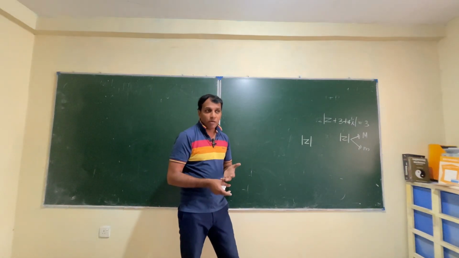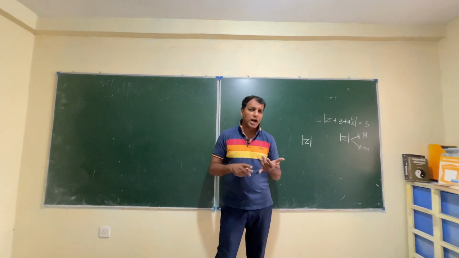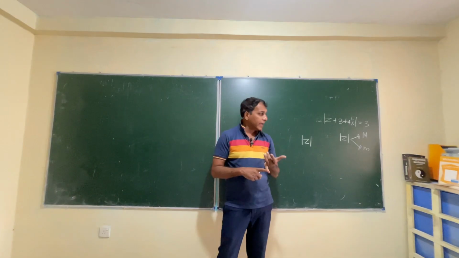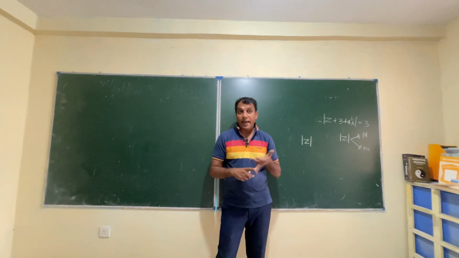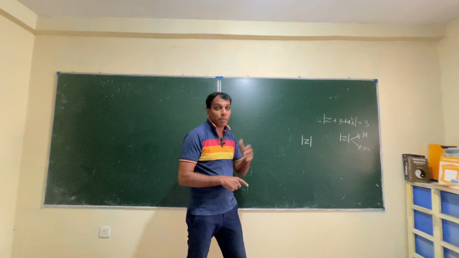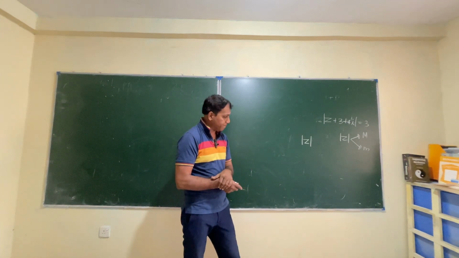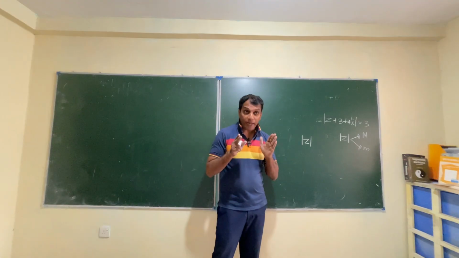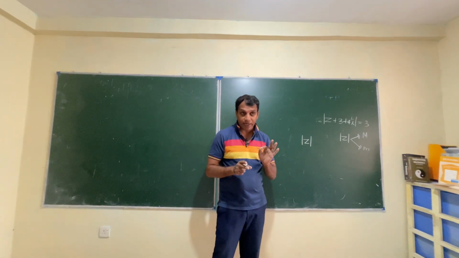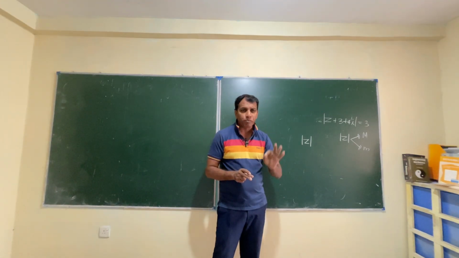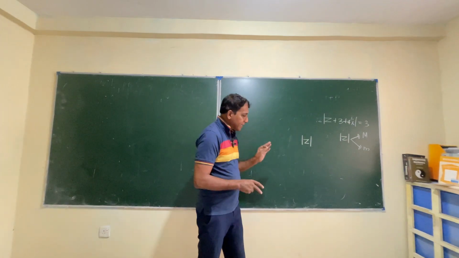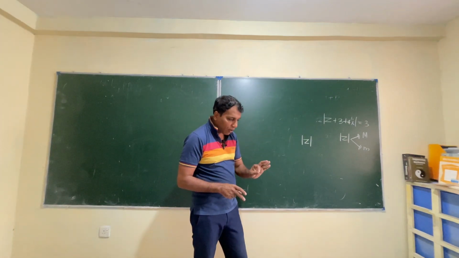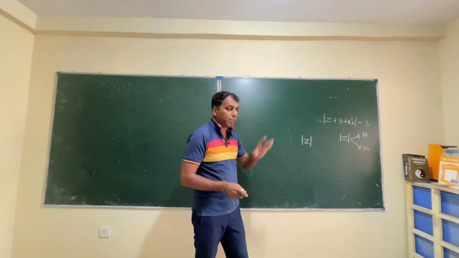We have so many complex number forms: Cartesian format, polar format, and exponential format, e to the power i theta, and many more. Okay, so students, note clearly, mod z means the distance from the origin to the complex number z.